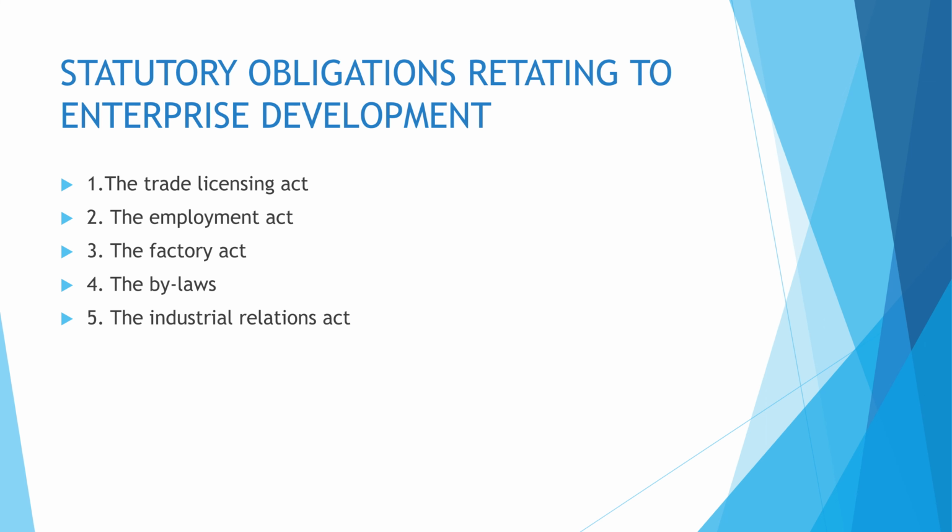Then we have bylaws. These are enacted by civil authorities to organize and regulate the conduct of certain activities and business operations. So, entrepreneurs must know the bylaws concerning the sector in which they operate. Then there is the Industrial Relations Act.